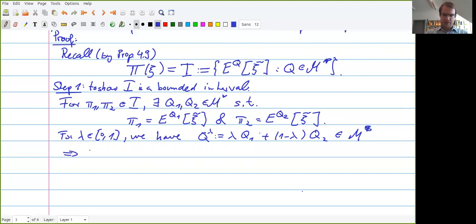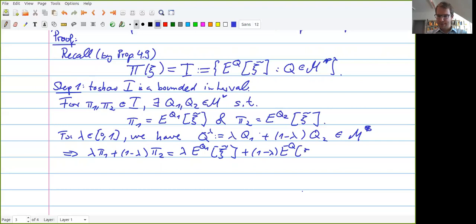This means if we look at lambda times pi1 plus 1 minus lambda times pi2, this can be represented as the discounted expectation under Q1 and Q2.